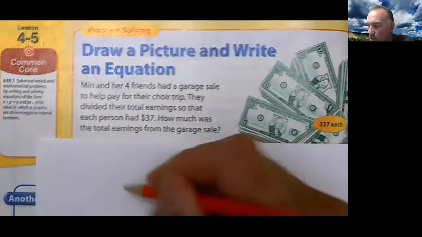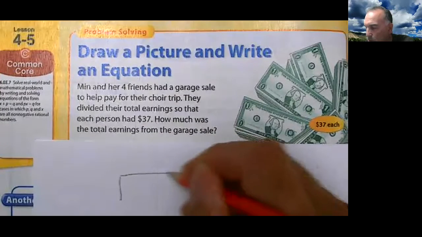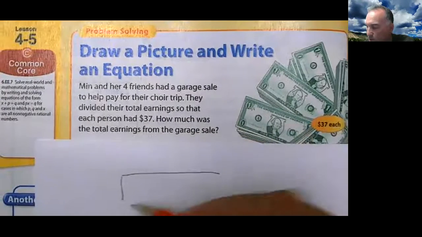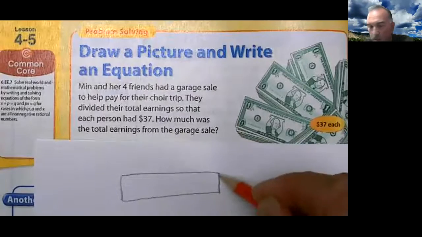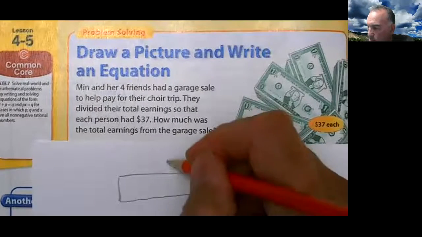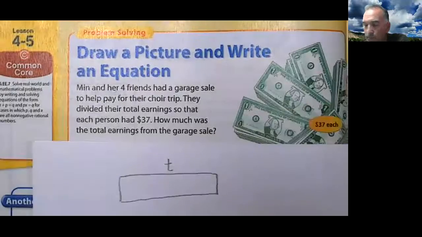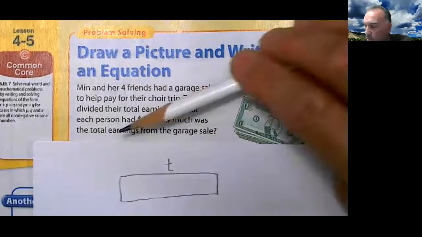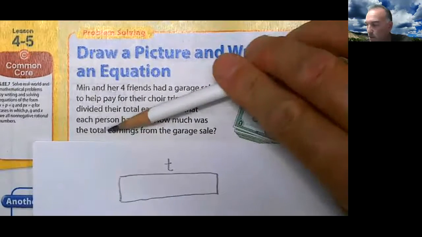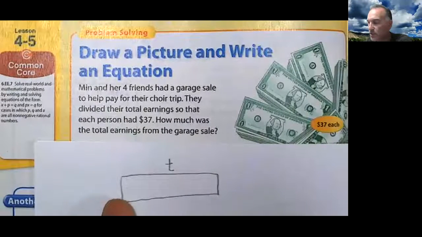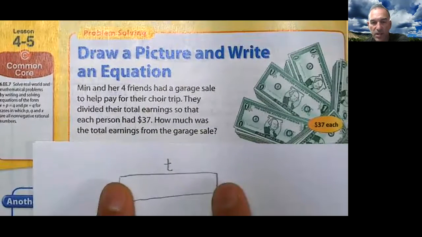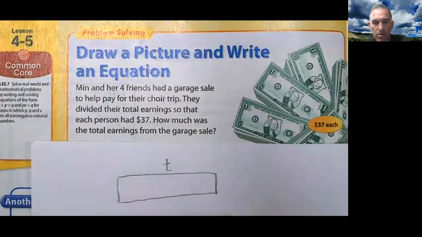So you do not know the total. We're going to draw a unit bar, and I don't know the total because it's asking me what the total is. And remember, the total is the entire distance from one side to the other, and I don't know the total.